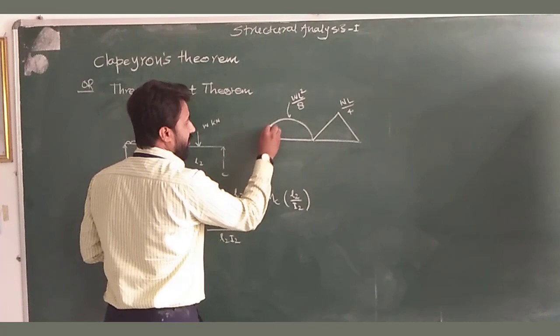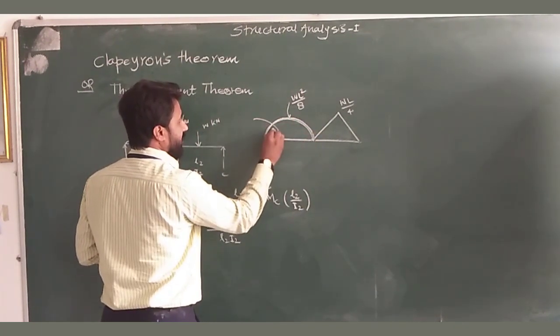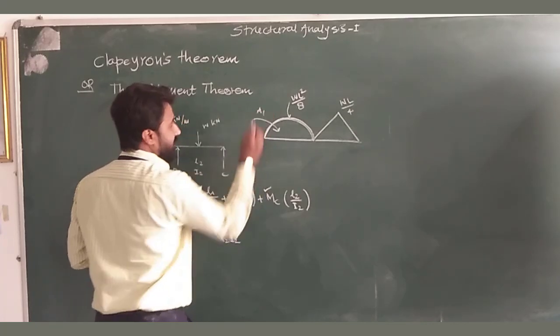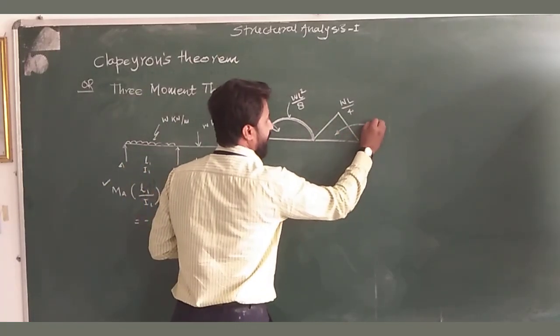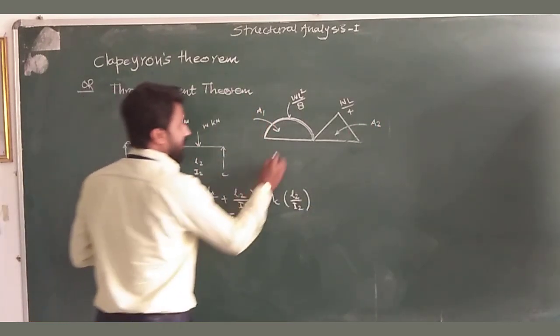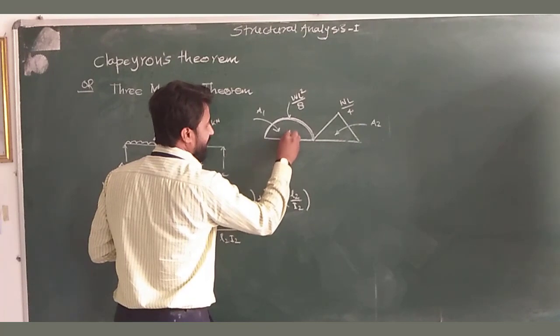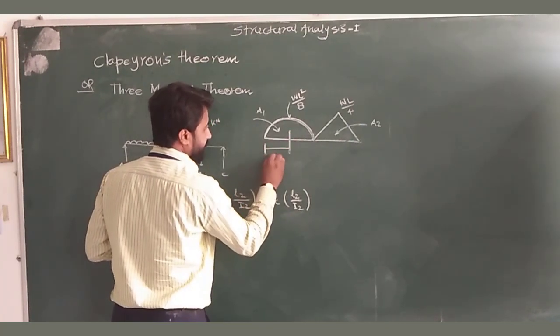The area of this bending moment diagram is nothing but A1. The area of the bending moment diagram of BC span is A2, and X1 bar is the CG of this bending moment diagram from the left support.